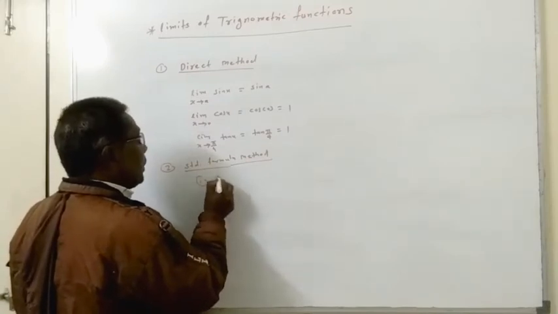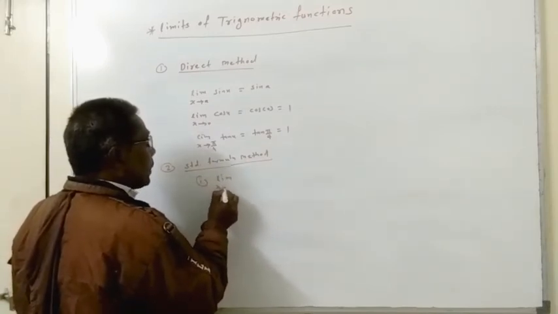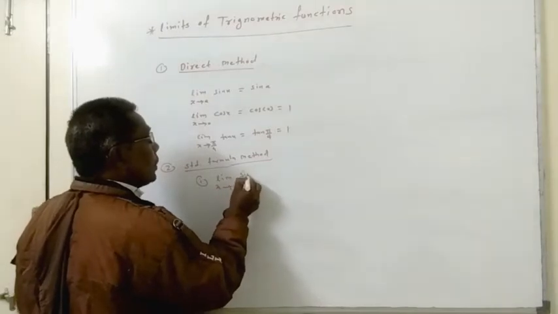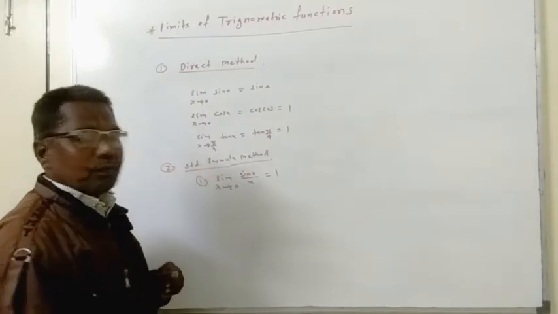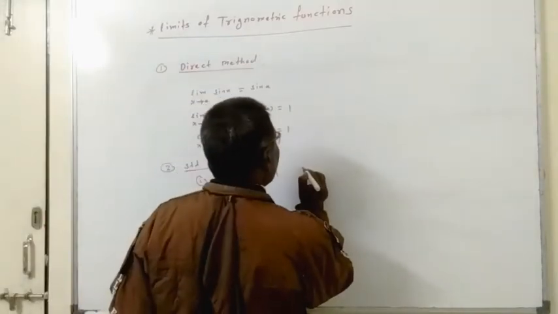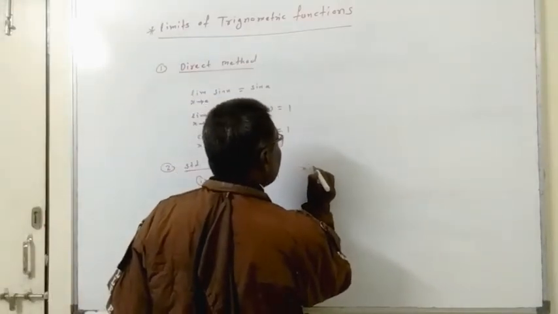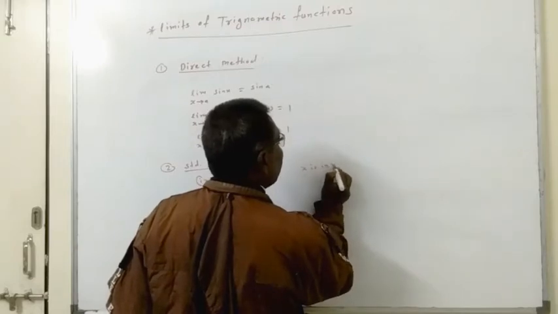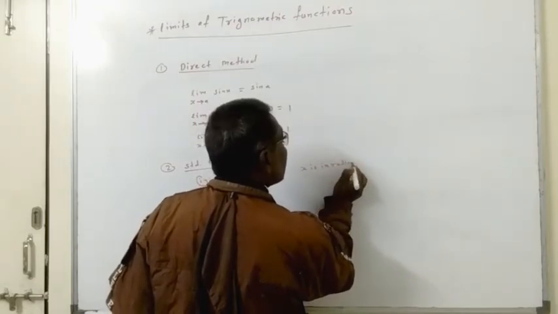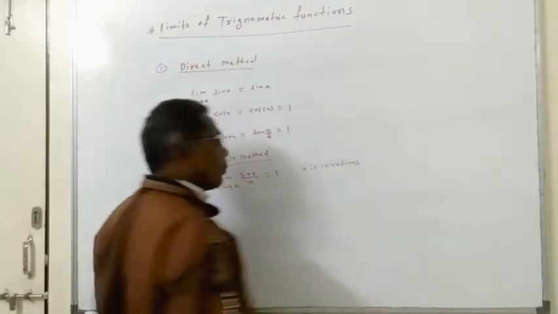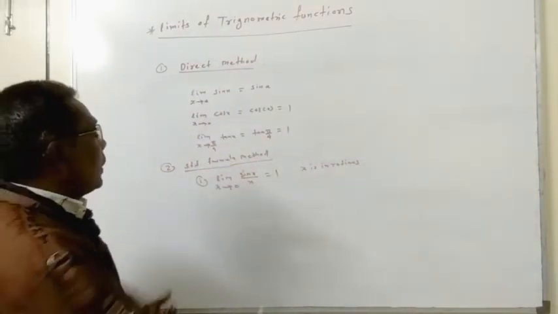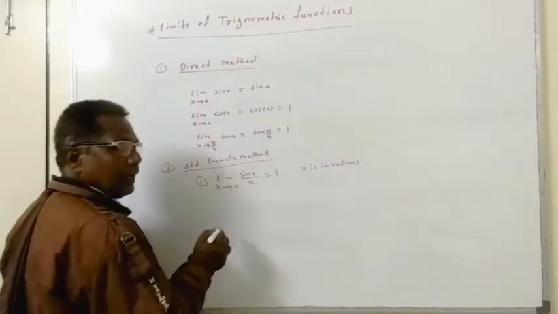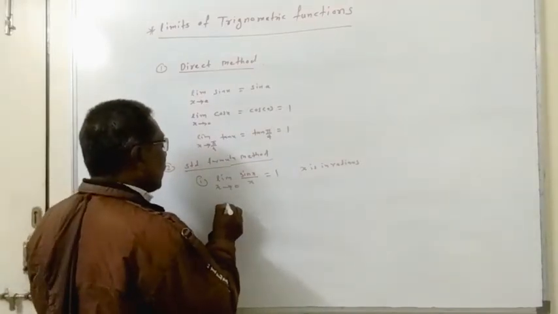The first is limit x tends to 0 of sin x upon x is equal to 1. Here this angle x is in radians, so the angle must be in radians. When not stated, always consider the angle in radians. If the angle is in degrees, then convert that angle from degrees to radians.